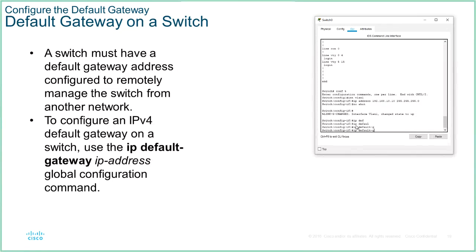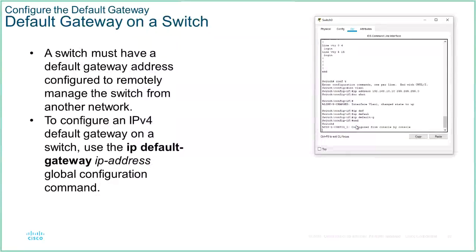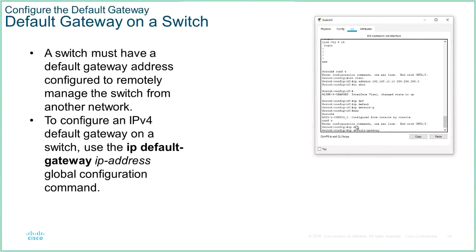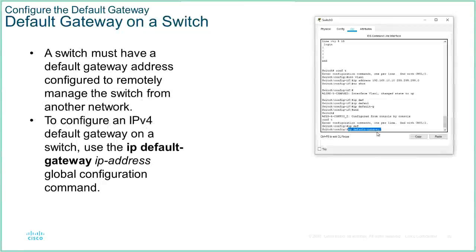And we use the IP default gateway. Oh, won't work there because I need to be in this mode. Okay. The reason it wasn't accepting it there is because I was still in the VLAN interface, whereas this command is a global config command, and I say my default gateway for this network is this address.